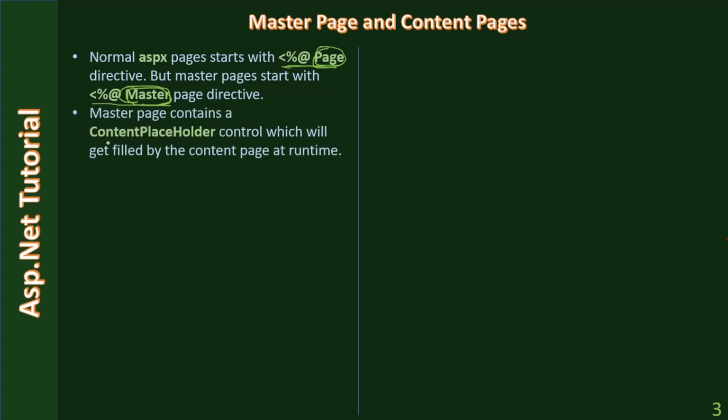The master page contains a content placeholder control, which will get filled by the content page at runtime. There may be one or more content placeholder controls inside the master page, and those placeholder controls will be filled by the child page at runtime.